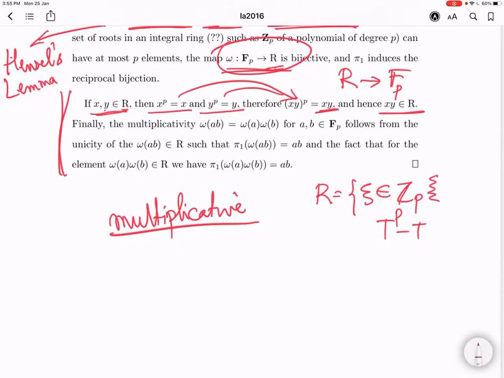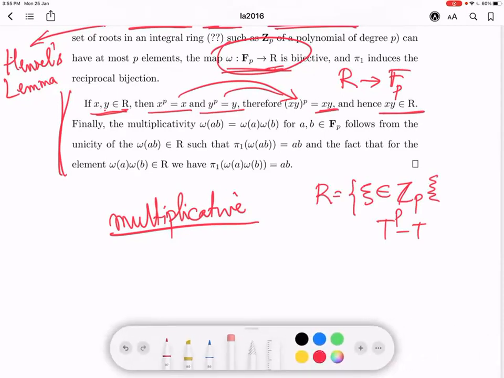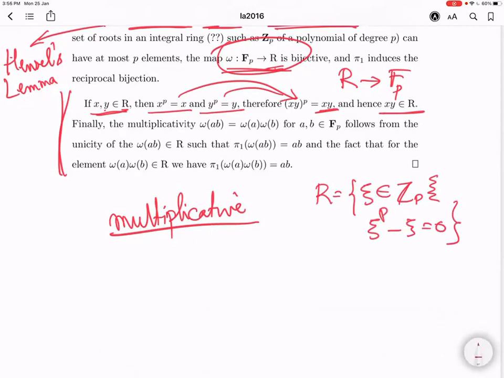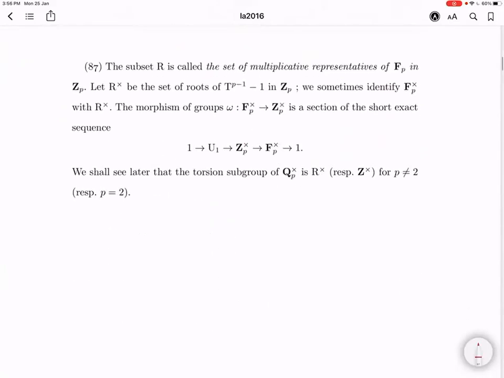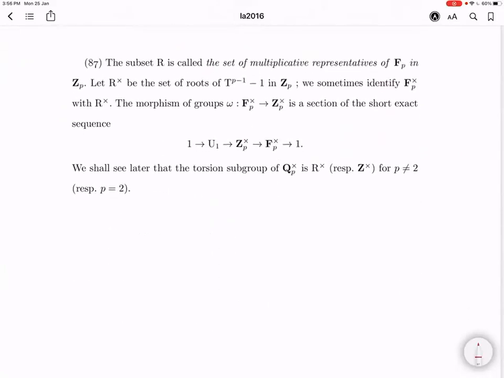Or in fact, what I should write is this. Okay, so I get this here. So this R is called the set of multiplicative representatives of F_p.